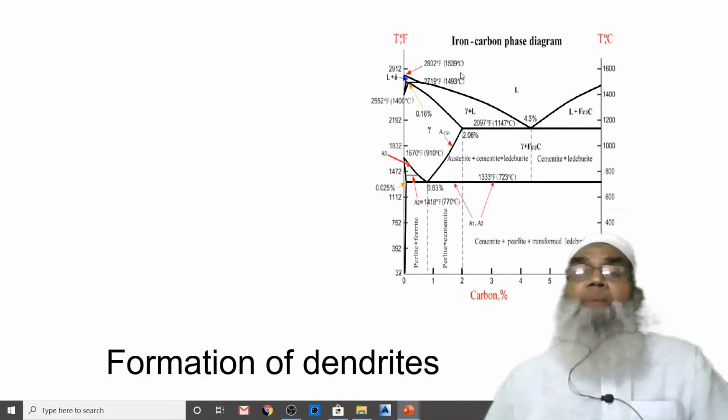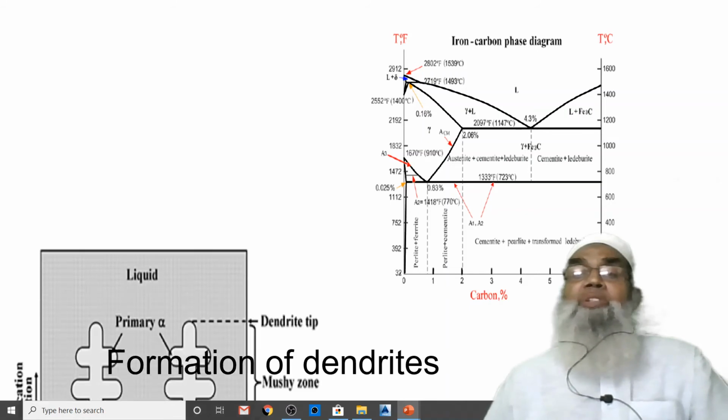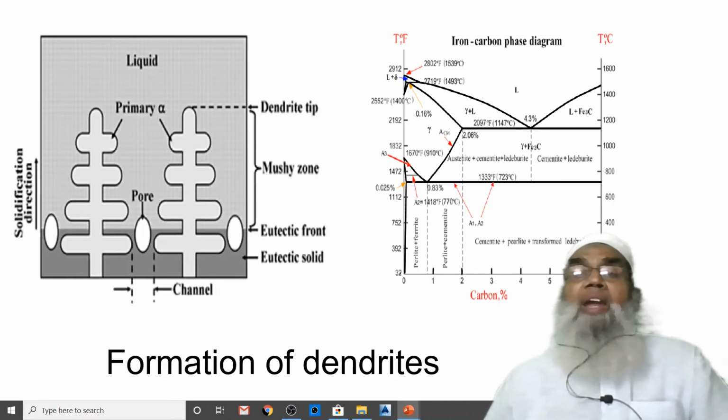Now, at that composition, when it touches the liquidus, solidification starts, and the composition of the solid is that of the corresponding point on the solidus, and the composition of the liquid is that of the corresponding point on the liquidus.